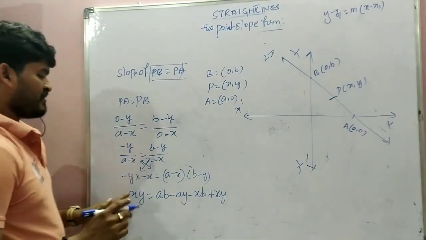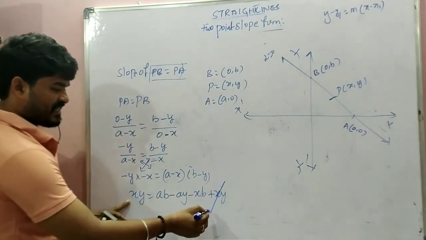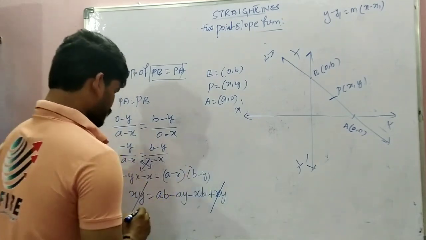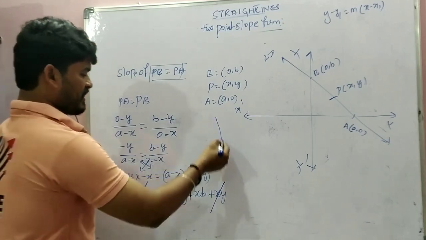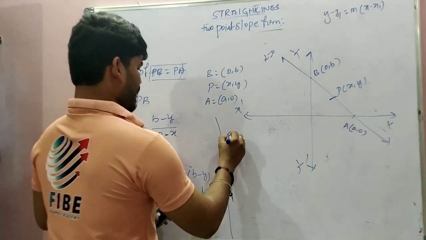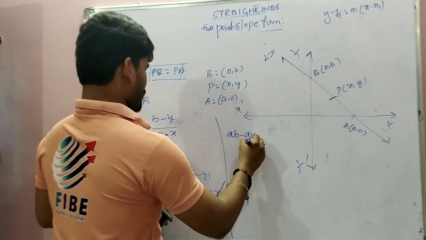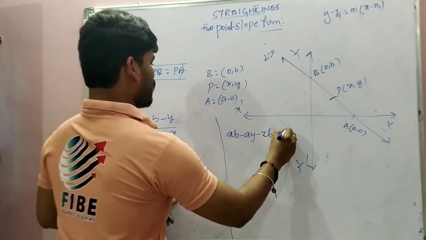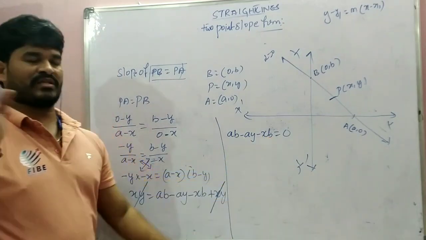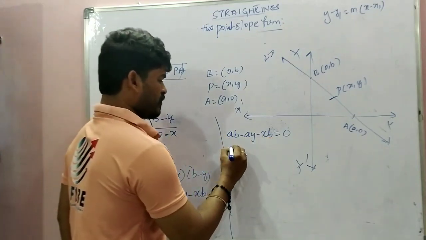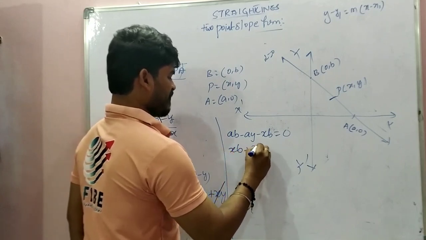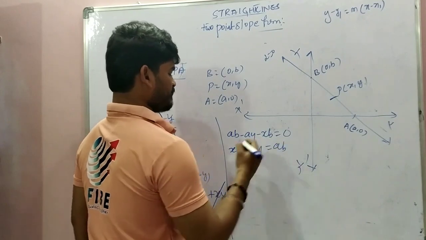On the RHS side xy, and on the LHS side xy, they both cancel. We get the final equation: ab minus ay minus xb equals 0. Both terms are negative, so we transfer them to that side as positive. Therefore bx plus ay equals ab.